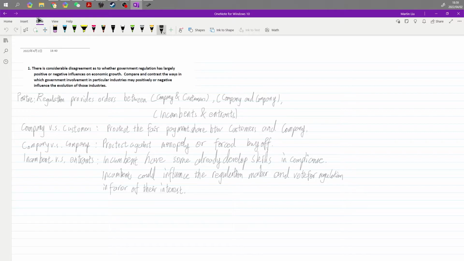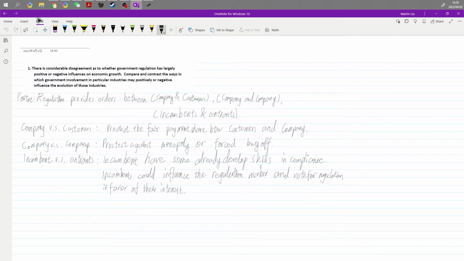So the incumbents could potentially be the regulation maker instead of simply influencing the regulation maker. That's one other thing to note. You can also write it in your comments, in your solution. It's something that's relevant. And that is all we have for the potential positive side of regulation.